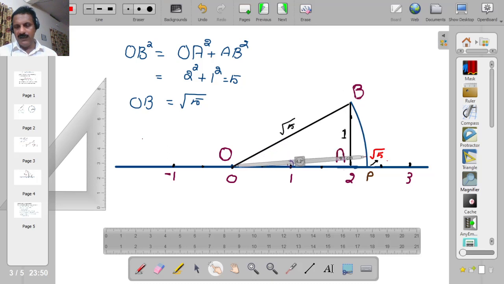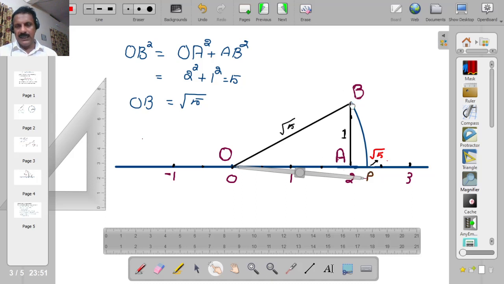This circle will intercept the number line at point P. Point P is on the number line and it is also on the circle. So OB and OP are both radii of the same circle, so the length of OB is equal to the length of OP.